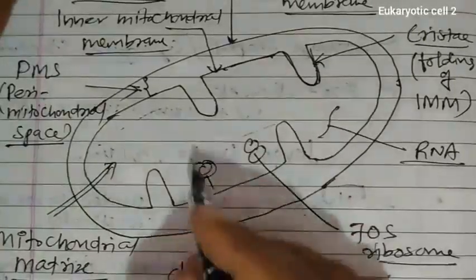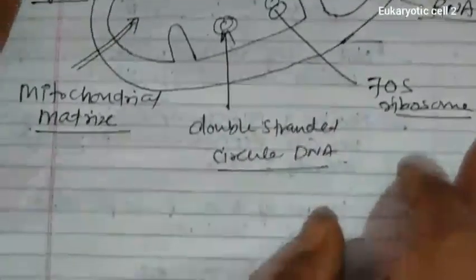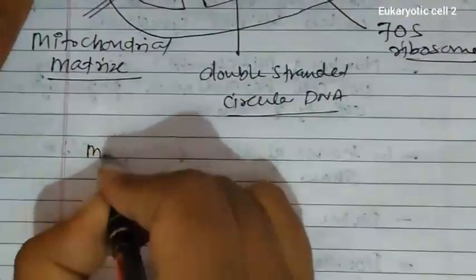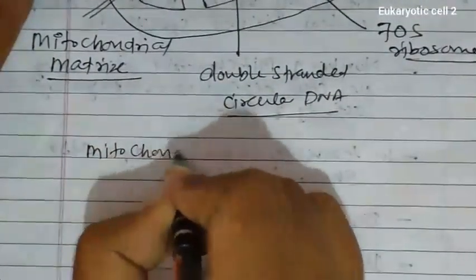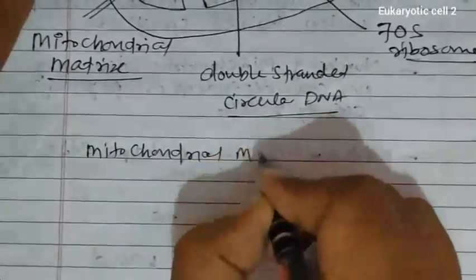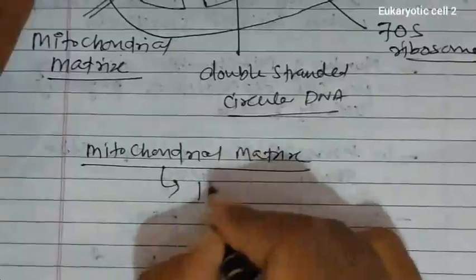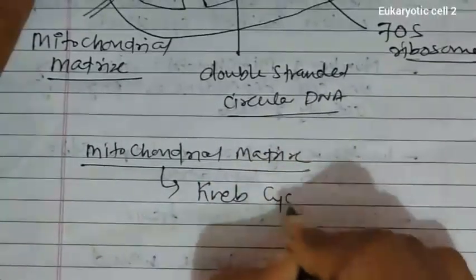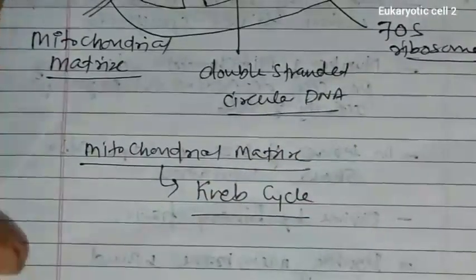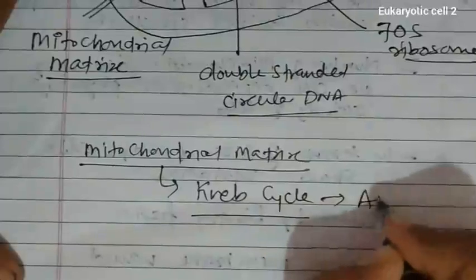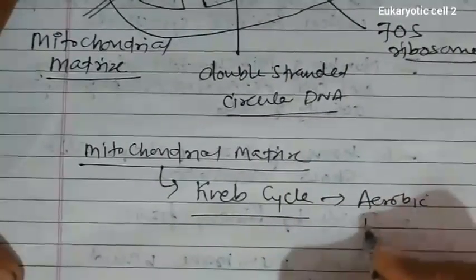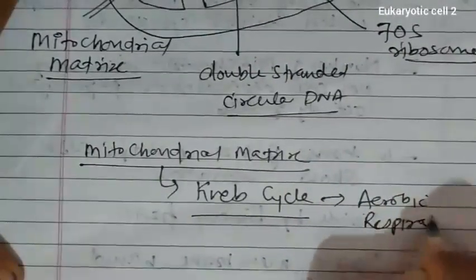And in the mitochondrial matrix, they carry out the Krebs cycle for aerobic respiration.